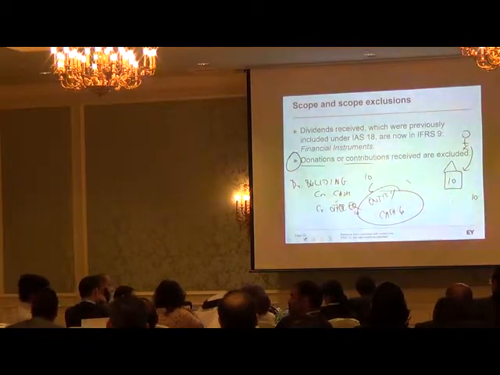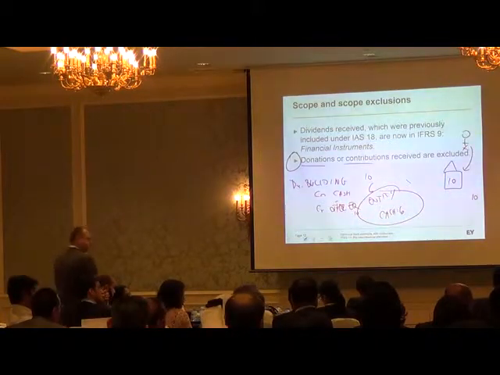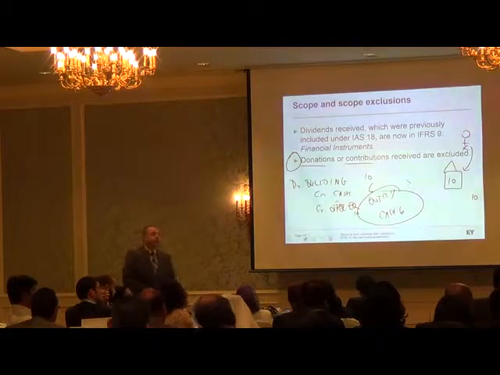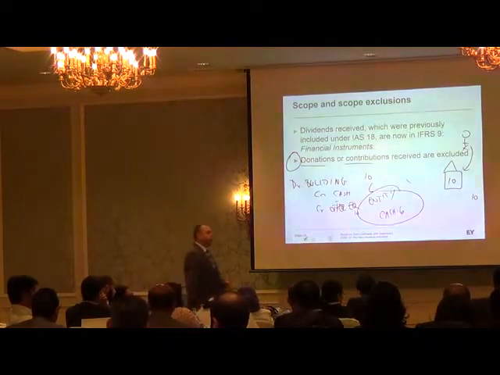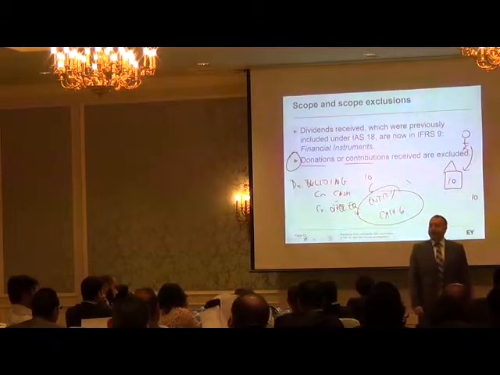Okay? Remember this? That's important. Is there any guidance on when you treat the contribution as the owner? Yes, it's how do you distinguish? I mean, can you decide who is your owner? Yes. What is in capacity?